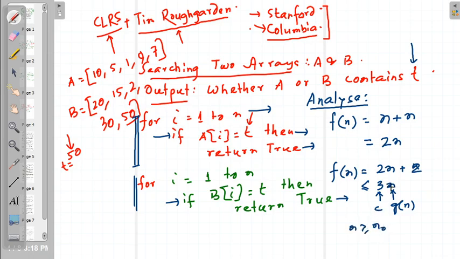So what could be the value of n naught? Can anyone identify it? That means beyond which it will be satisfied. Yes, it is 2. So n naught will be 2. Very good. Who said n naught equal to 2?